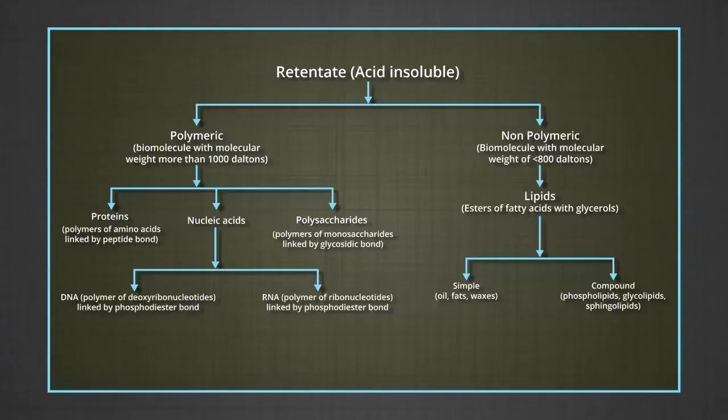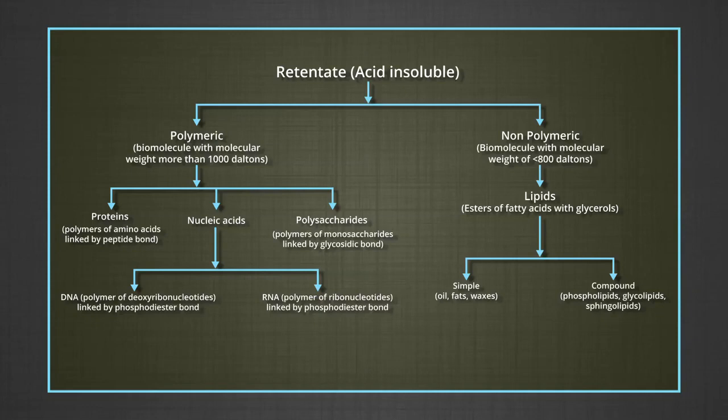The acid insoluble fraction, or retentate, is again divided into two categories: polymeric and non-polymeric biomolecules. The polymeric biomolecules have weight more than 1000 daltons and the non-polymeric have molecular weight less than 800 daltons. The polymeric retentate includes proteins, nucleic acids and polysaccharides.